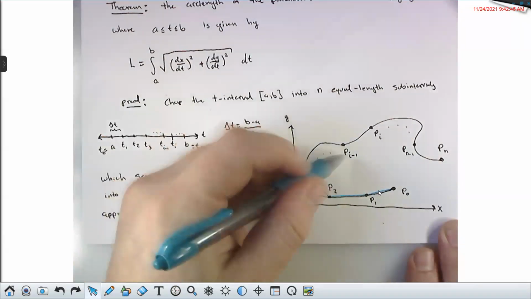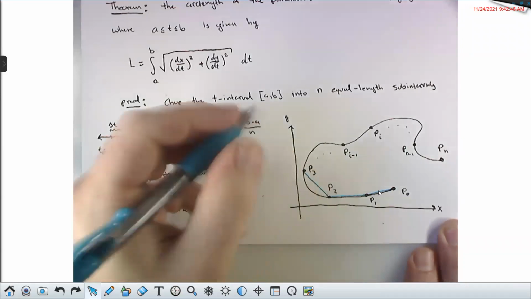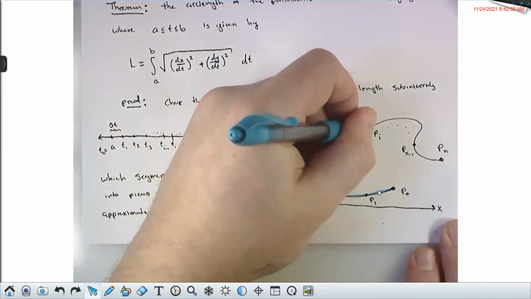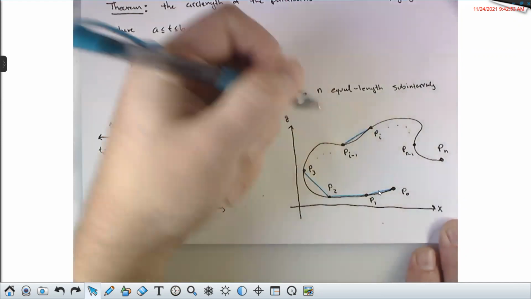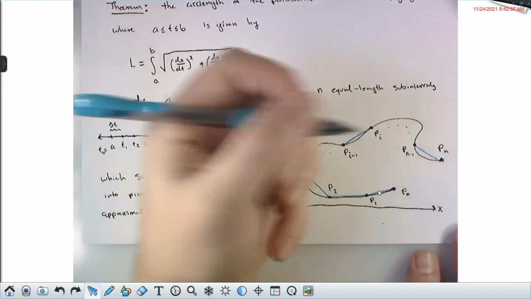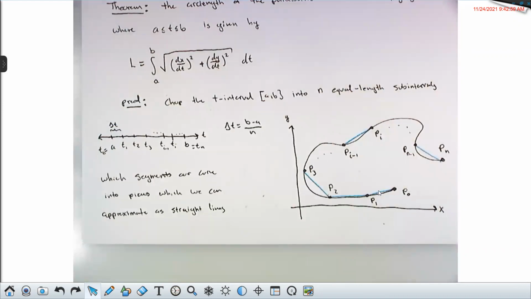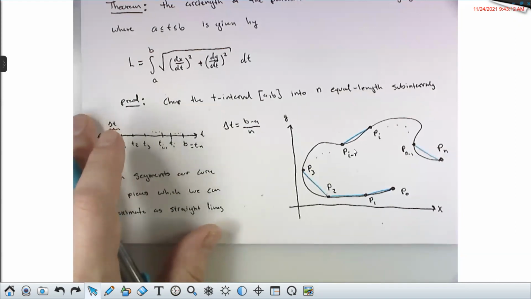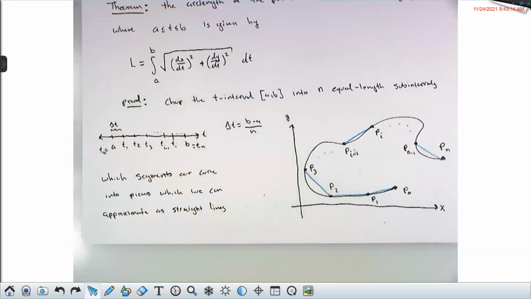I've got a bunch more P's in here, so I'm not going to draw the ones between the dot dots. Here I have this one. And the last one would be like this. All right, so I chop up my curve into a bunch of little curve pieces, and then each one of those little curve pieces I pretend is a straight line, which is not true, but it's a reasonable approximation.